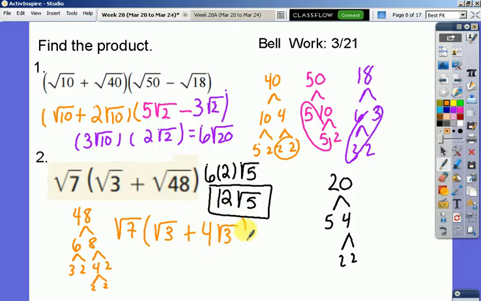Again, what do I notice? Like terms. So I have square root 7 times 5 square root 3. What does that give me? That gives me 5 square root 21. Can 21 break down to pairs? No. Because 7 and 3 are prime.